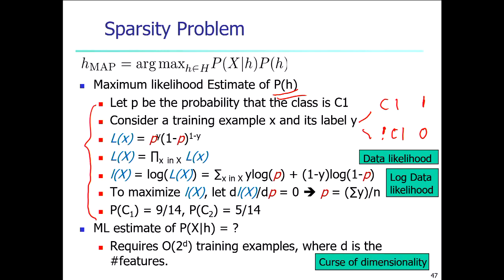Now this likelihood would be, if Y equals 1, P times 1 minus P to the power of 0, which is P. And if it is not C1, then it is 1 minus P.